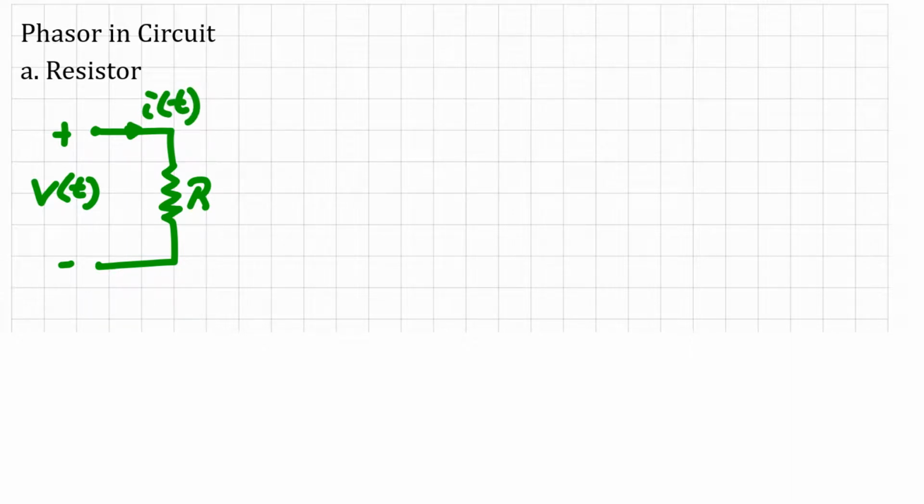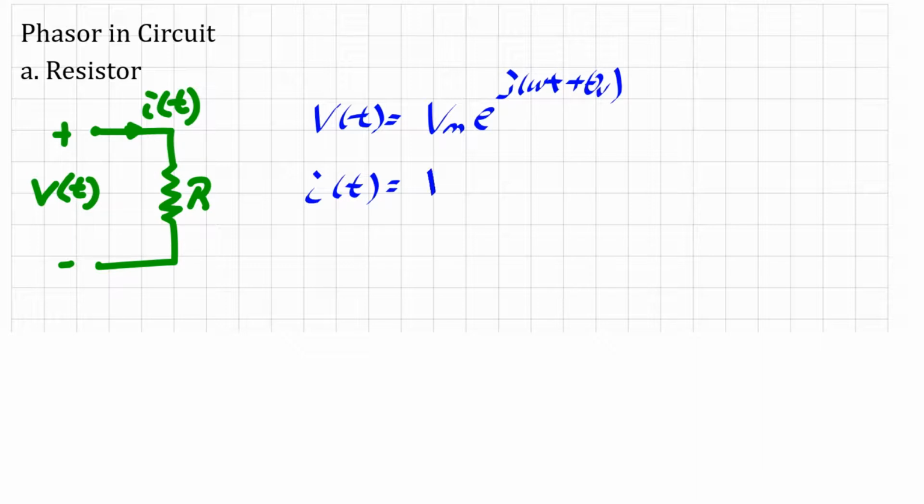Now, if V(t) is given, so if we know that V(t) is equal to Vm, the amplitude, times e to the j omega t plus some phase angle, then we can safely assume the current would have the form of an amplitude Im times e to the j omega t plus theta I. We don't know what it is.